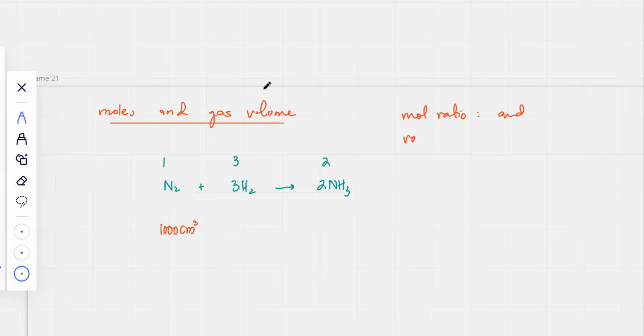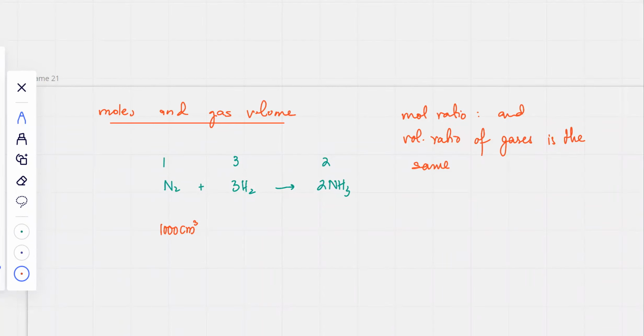And the volume ratio of gases is the same.